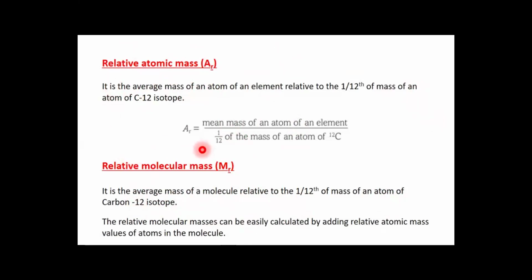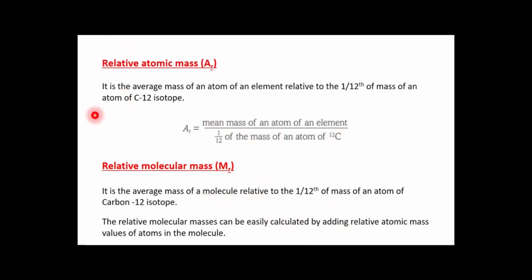But if it is the relative molecular mass, it is the mass of the molecule relative to 1/12 of the mass of carbon 12 isotope, right? So the mass of carbon 12 isotope is actually 12.00 grams. So if you are taking 1/12, 1/12 means 12 divided by 12, it comes as 1. So usually this down part comes as 1. Did you understand that? Okay.